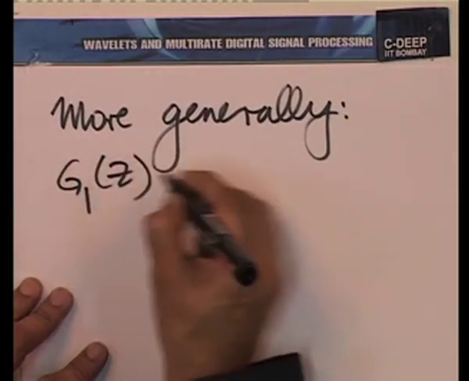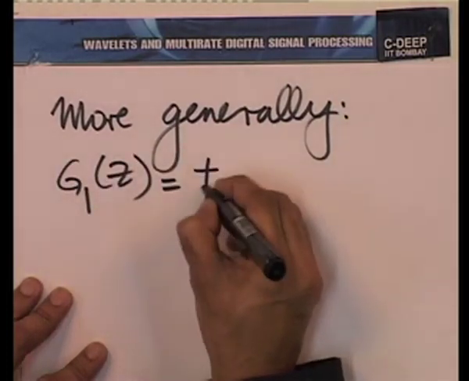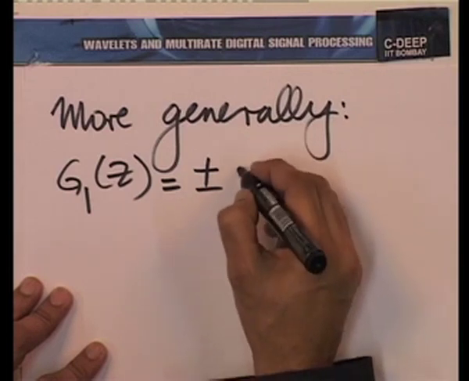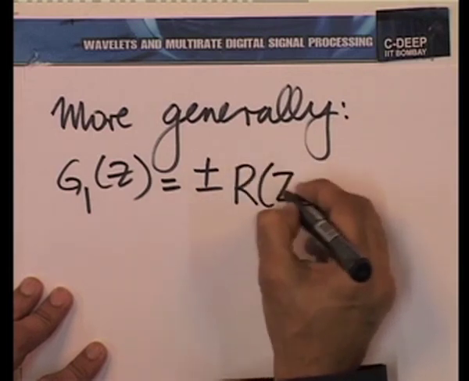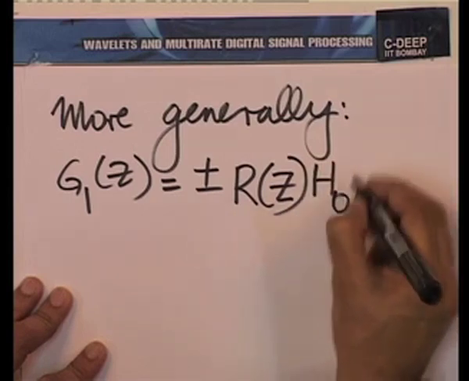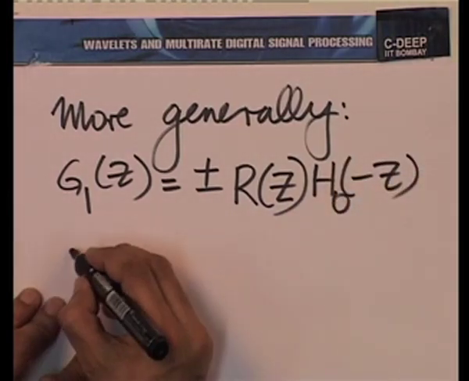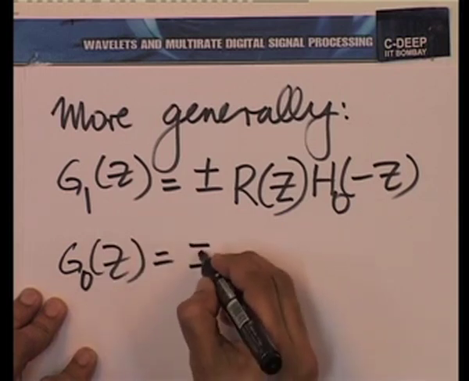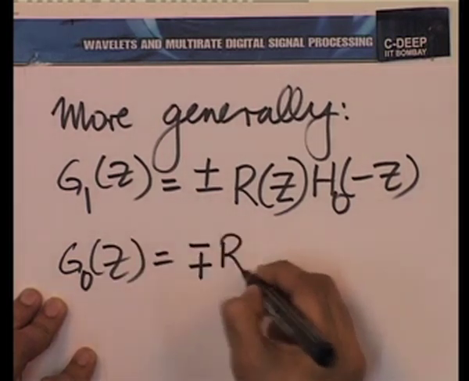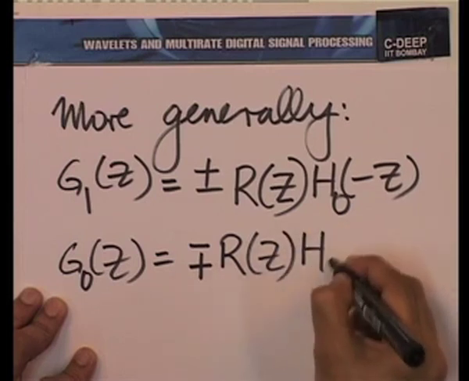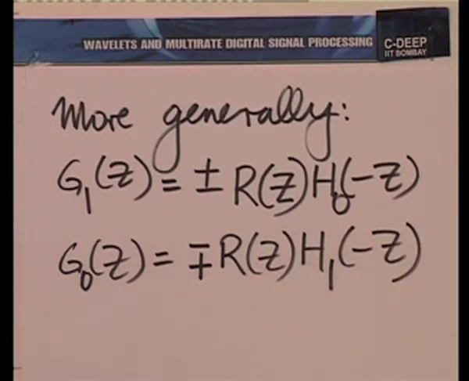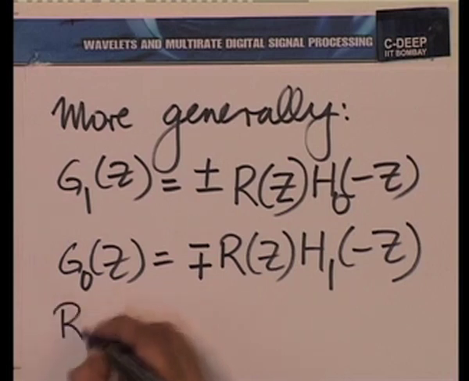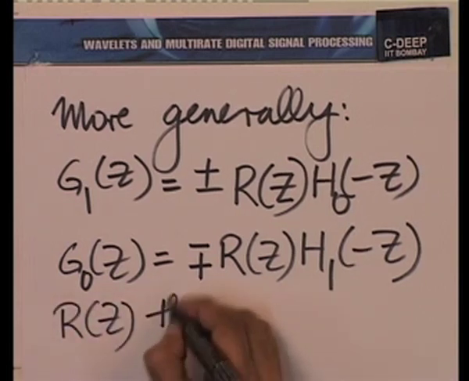G1(z) is of the form plus or minus some factor, let us say R(z), times H0(-z), and G0(z) is respectively minus or plus R(z) H1(-z). So R(z) is in some sense the factor cancelled.